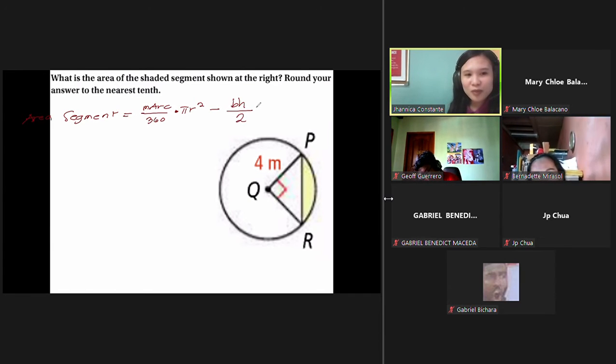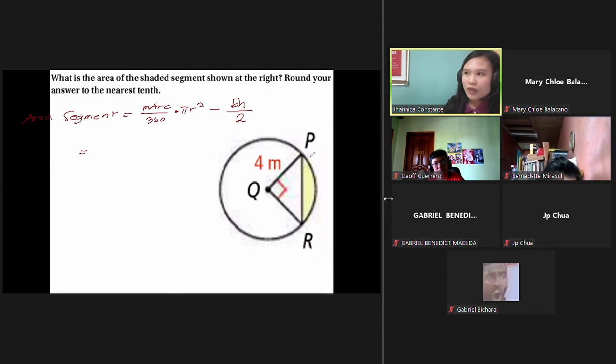That is the formula that we have for the area of segment. Okay? The area of sector minus the area of a triangle. So we have the radius, which is given, which measures 4 meters, and the central angle that measures 90 degrees.